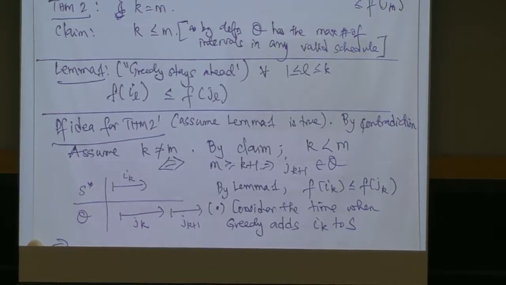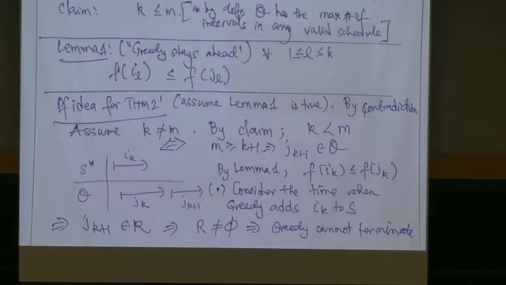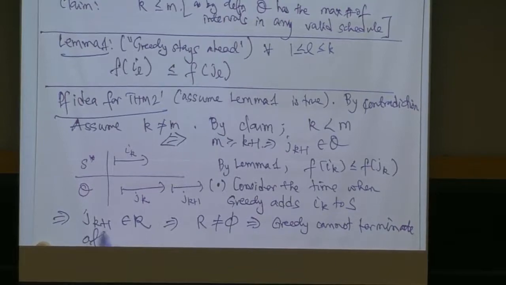So the point is here, j_{k+1} is in R, and that implies my set R is non-empty. So that implies greedy cannot terminate after adding i_k. Okay, so this is a contradiction.